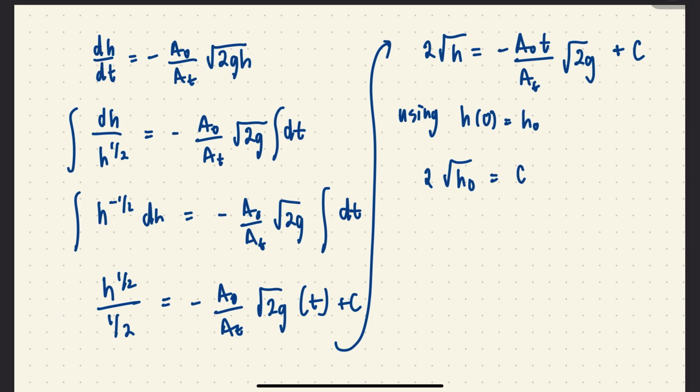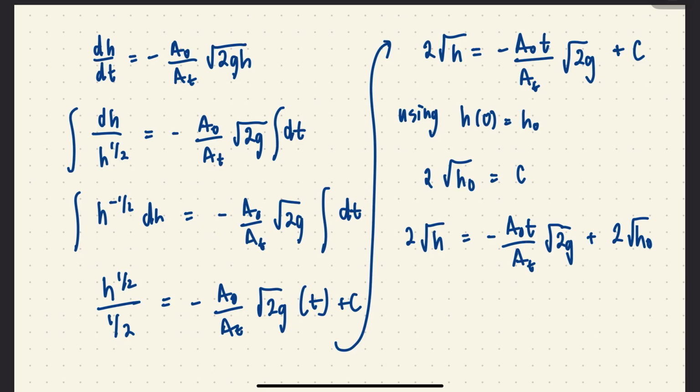And then you'll have c. Substituting into the equation, what you will have is 2 square root of h is equal to negative a sub o t over a sub t square root of 2g plus 2 square root of h sub o.